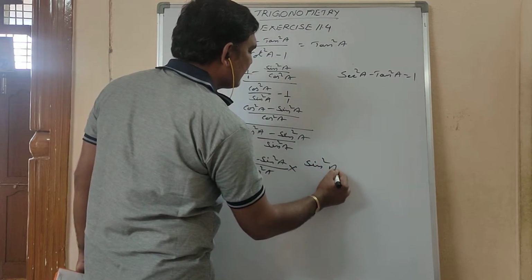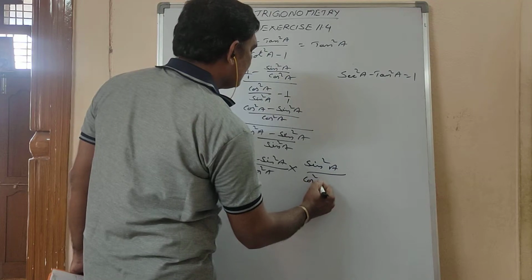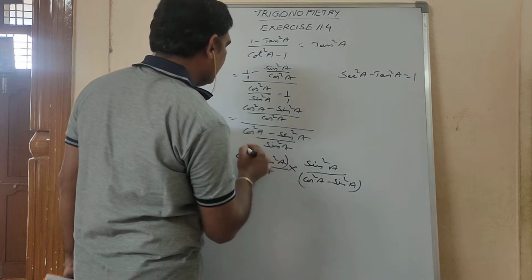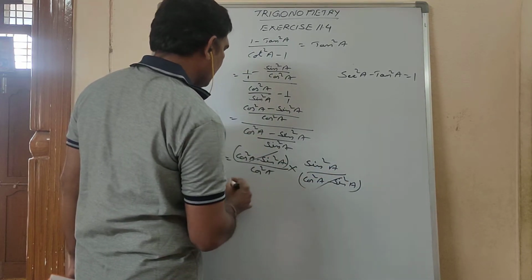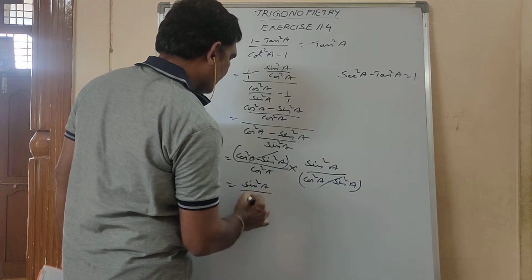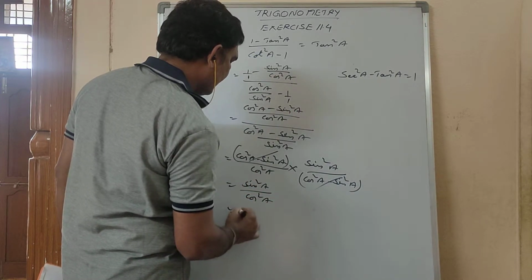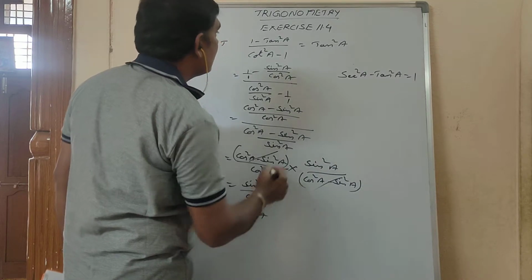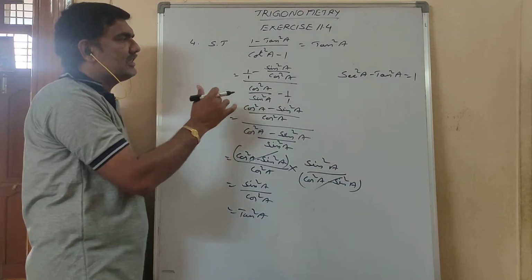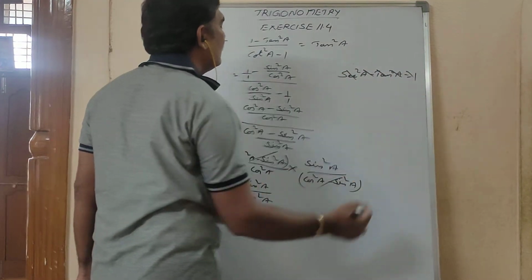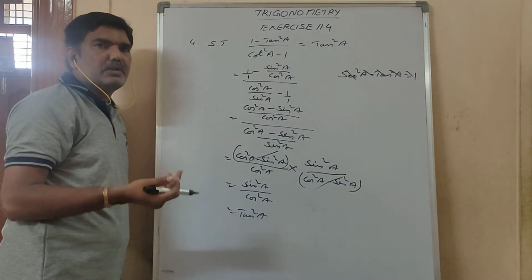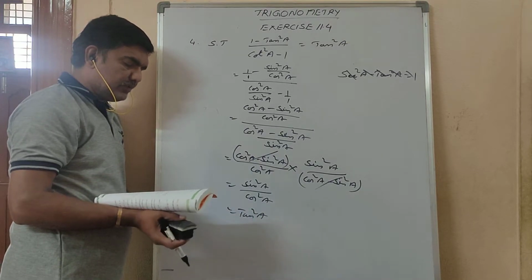Means you are getting sin square a by cos square a minus sin square a. This cos square a minus sin square a will be cancelled, and you have sin square a by cos square a. Its value is tan square a. This is the RHS; you had to prove this one. So, no need of using this formula. We did it like this. By using the formula also, another method maybe, you can try other methods too.